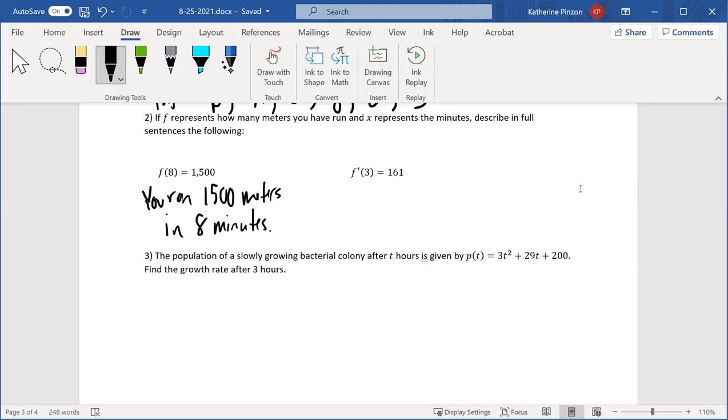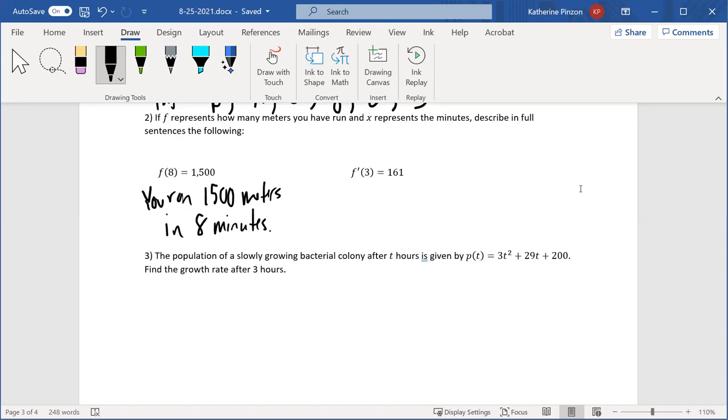So like somebody's watching you run. When you hit 3 minutes, they take a snapshot and they say, right now at this 3-minute mark, you are running 161 meters per minute, right? So just per minute, right at that one instant.